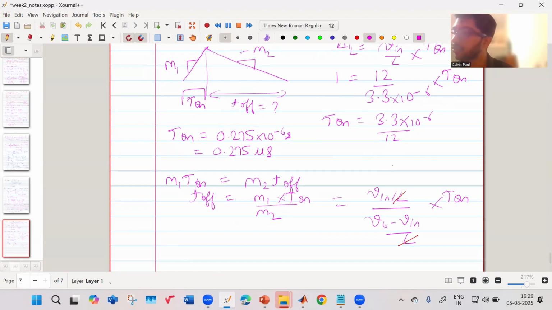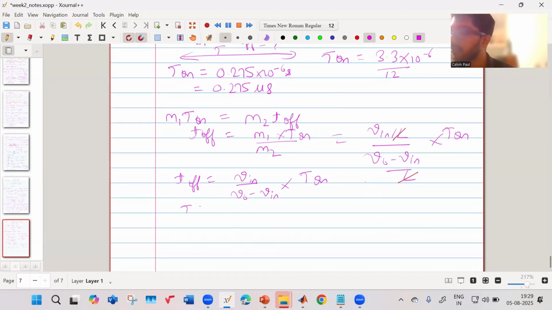So T off is equal to V in upon V output minus V in into T on. Now your total time, T, is equal to T on plus T off.